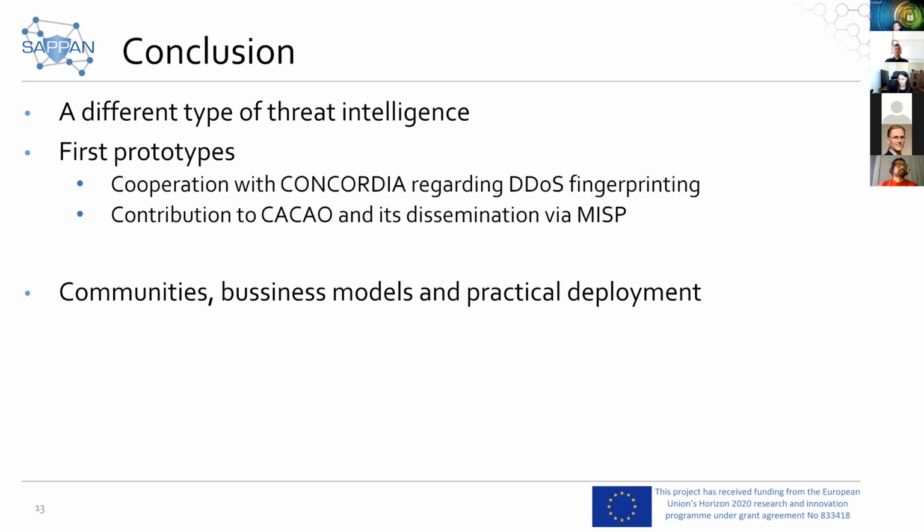We also prepared the first prototype in the case of the new IOCs. We are in touch with another European project called Concordia, and they develop a DDoS clearinghouse, and they like the machine learning model to represent the fingerprint of a denial of service attack, because so far they fingerprint the denial of service attack only based on IP addresses.